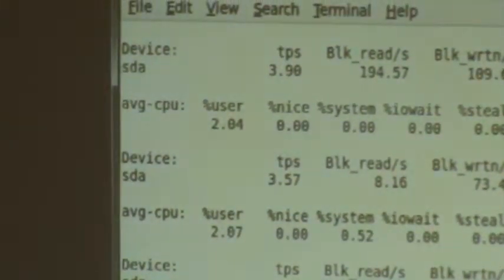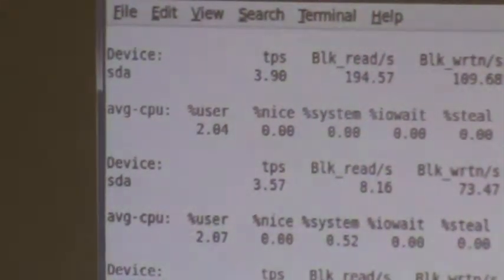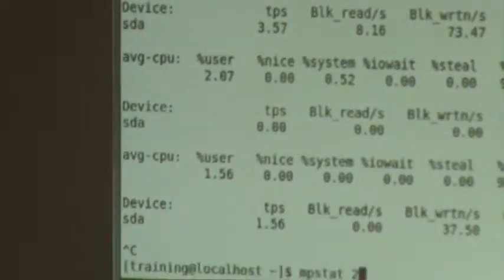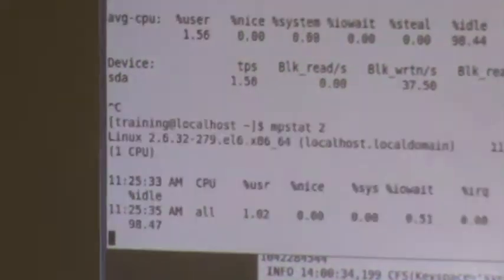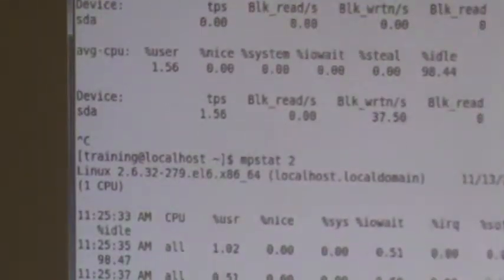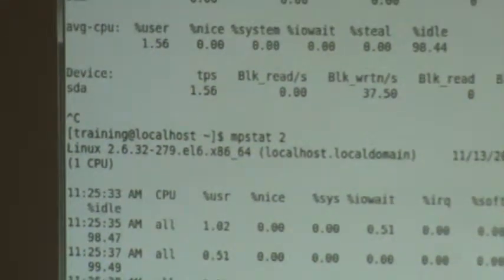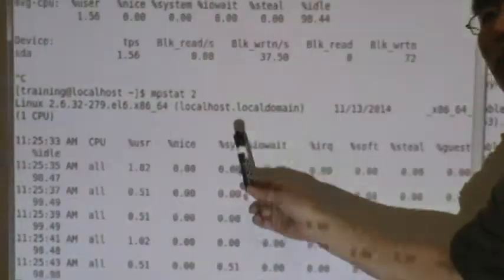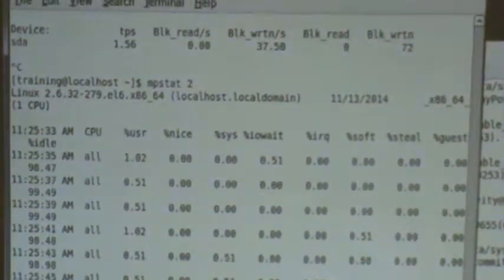Another one is mpstat. It's for multiple processors. When you have multiple processors, you can see the performance of your system per processor.